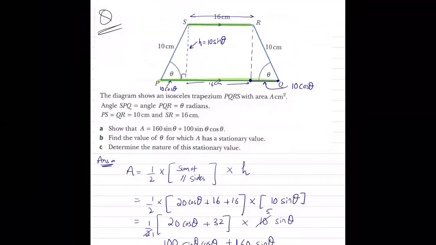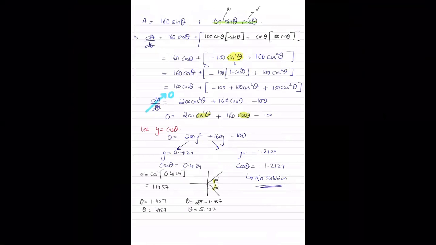Theta, with respect to our diagram, is an acute angle. If you try to convert 5.137 into degrees, would you get an acute angle or an obtuse angle? Let's find that out.